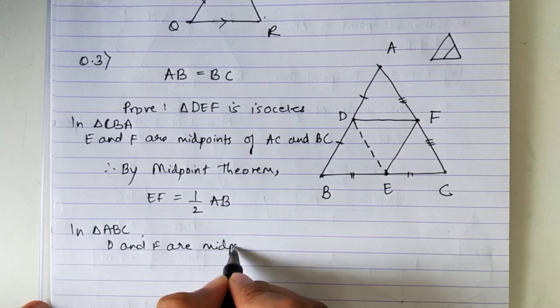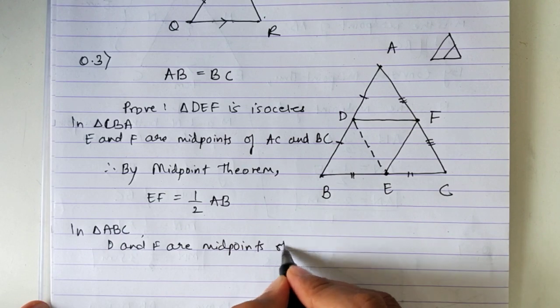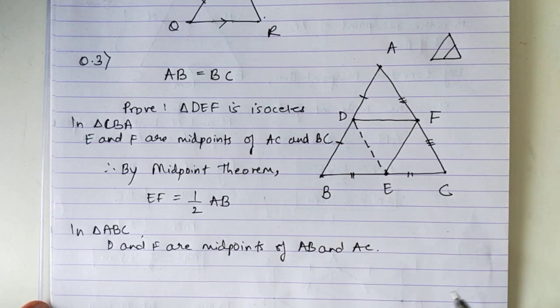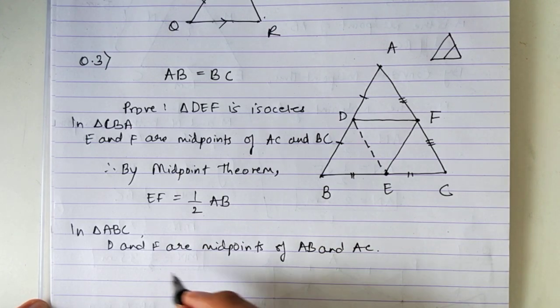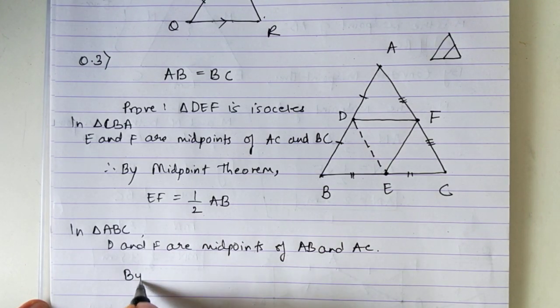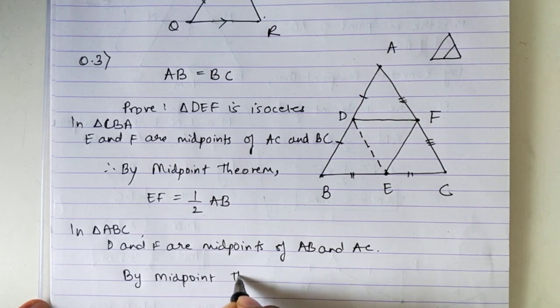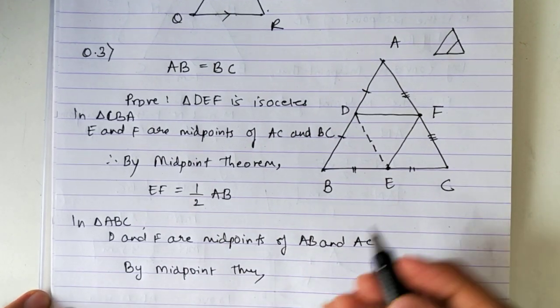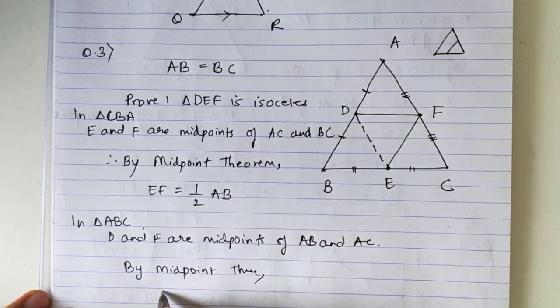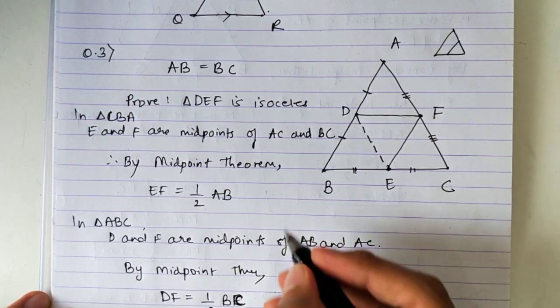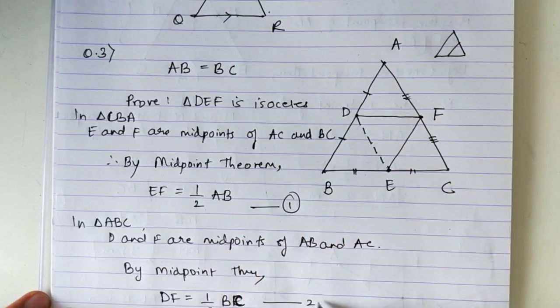D and F are midpoints of AB and AC. So by the midpoint theorem, DF is half of BC. This is equation 1 and this is 2.